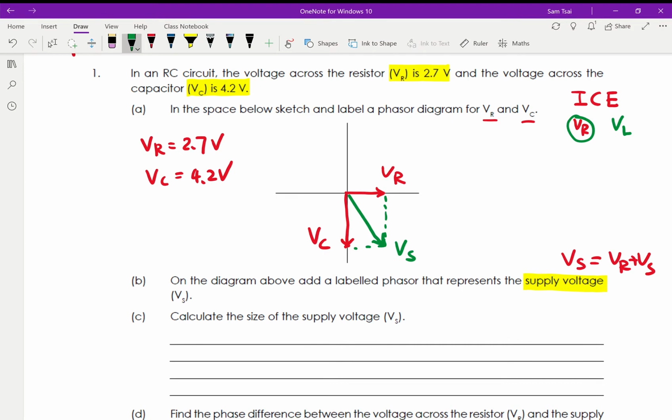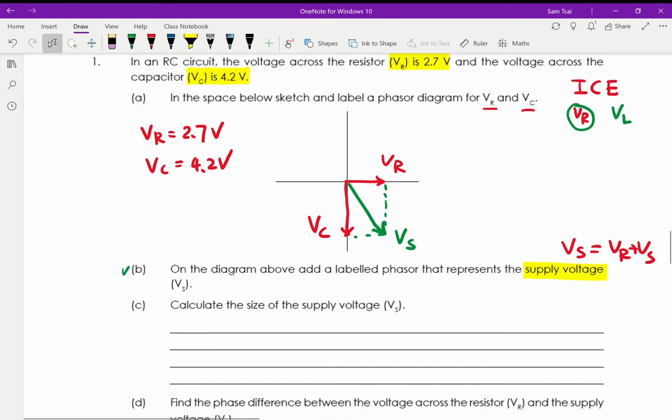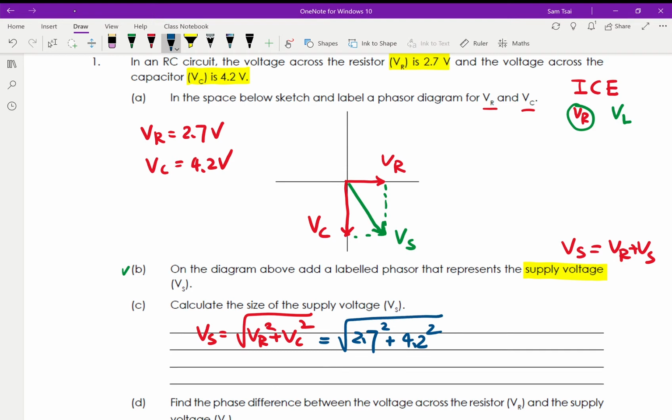Okay, and then we want you to calculate the supply voltage, how much is it. What can we use? I think you know already, it is Pythagoras. So VS equals the square root of VR squared plus VC squared. We put the numbers in: VR is 2.7 squared and VC is 4.2 squared, and take the square root.